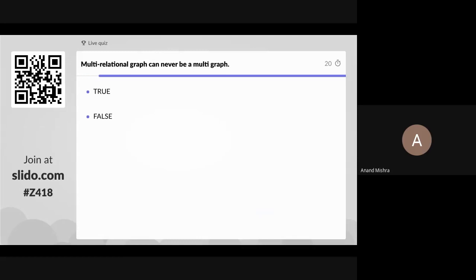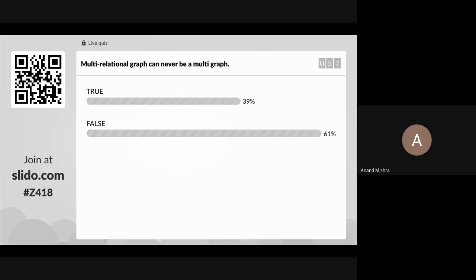All right, so now we have 20 seconds to answer. A multi-relational graph can never be a multi-graph, true or false? The multi-relational graph, the Virat Kohli example, you remember, cannot be a multi-graph. True, false.